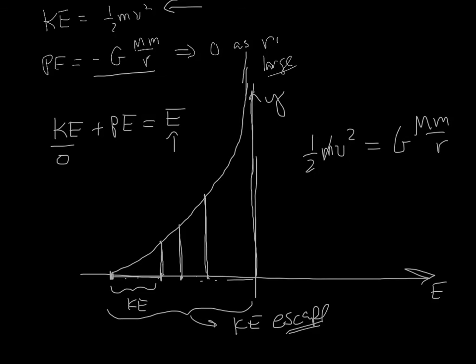And notice the m's cancel just like they did the other time. And I get that the escape speed, now there's this 2, is going to turn out to be the square root of 2GM over r. Notice that that's about 40% higher than the circular orbit speed that we calculated before. But that's kind of the way that one works out.